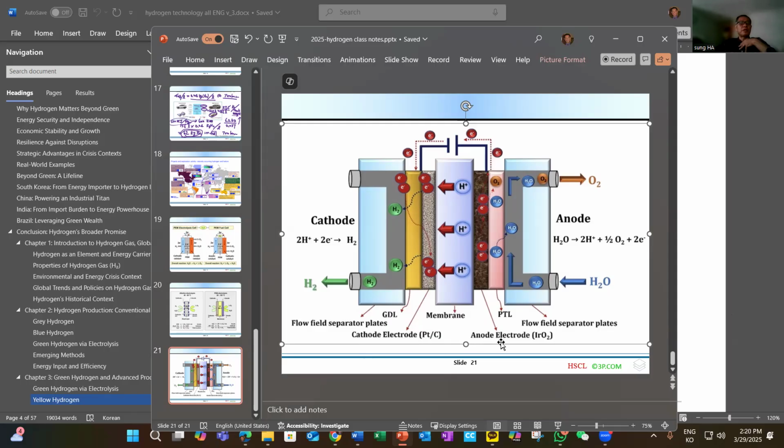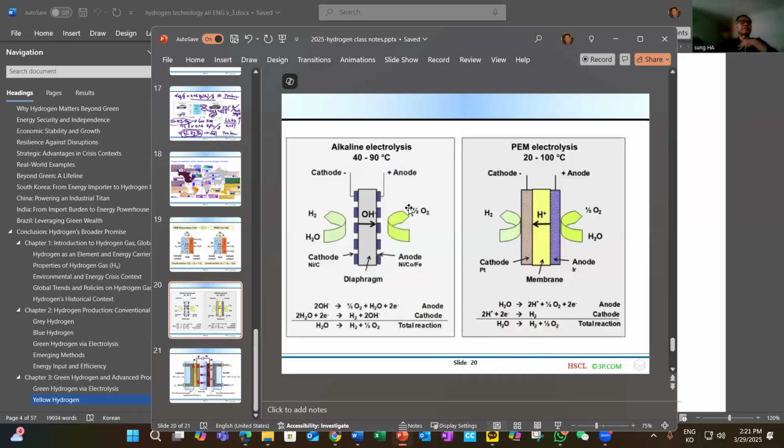We need an electrode, and here very expensive materials are needed: platinum, Pt, and IrO2. So these are very expensive materials. That's why the initial investment is much higher than the alkaline method.